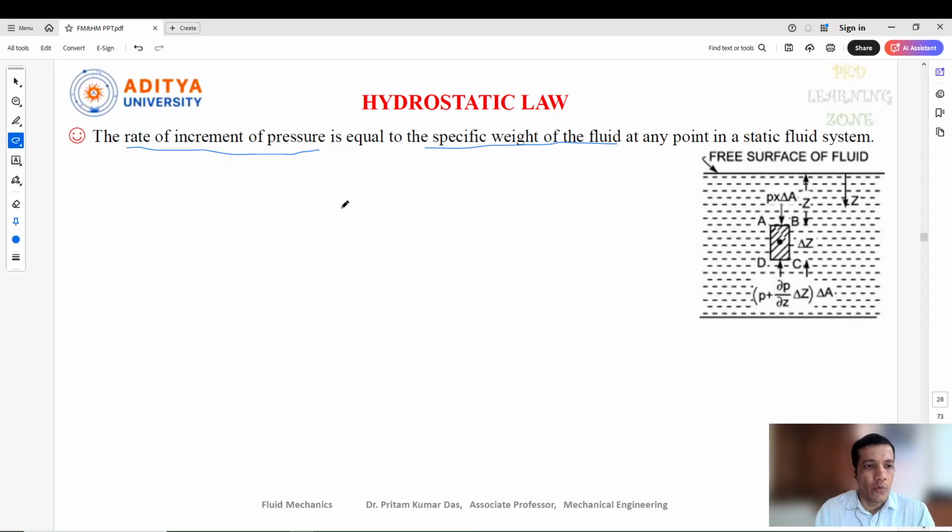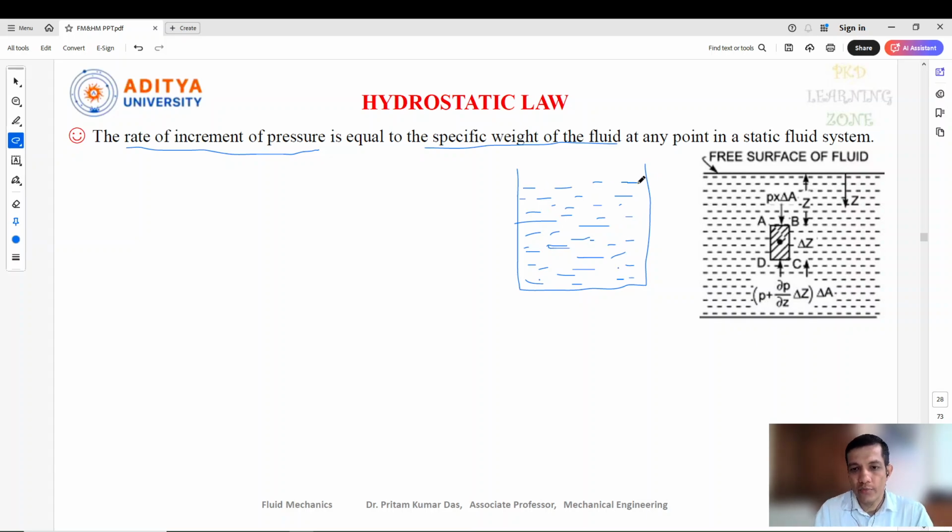We basically know that when a fluid is contained in a container, and you want to measure the pressure of this fluid as per the depth or height, suppose this is the container which is filled with water or any kind of liquid.